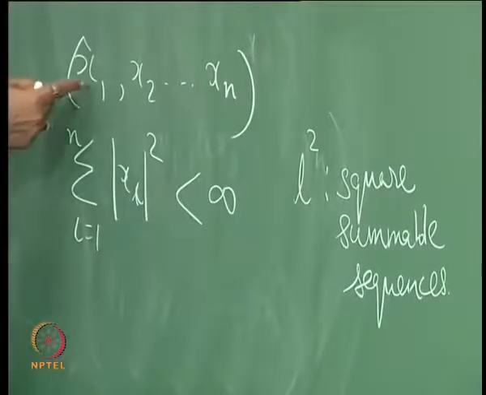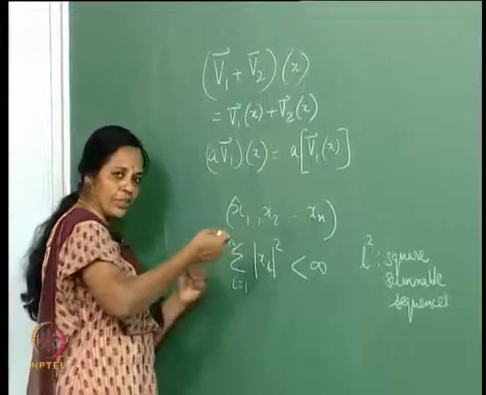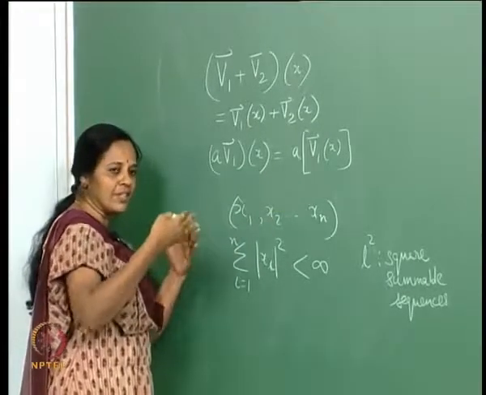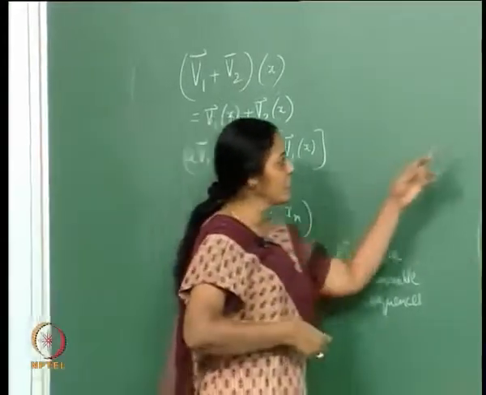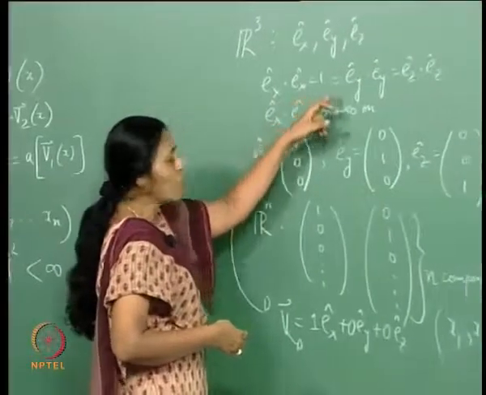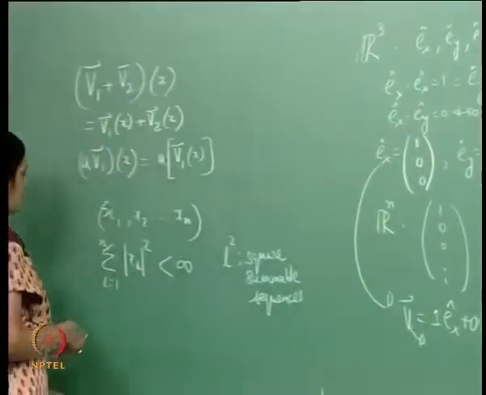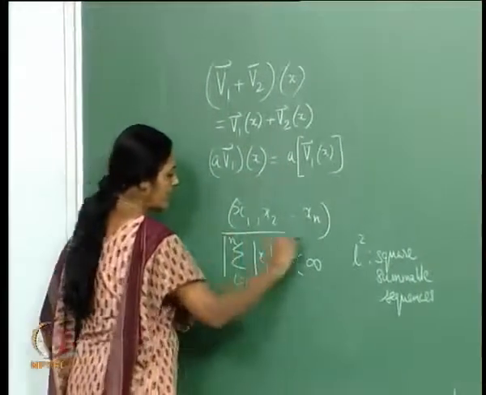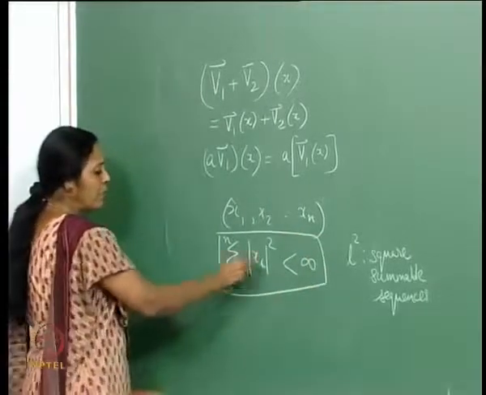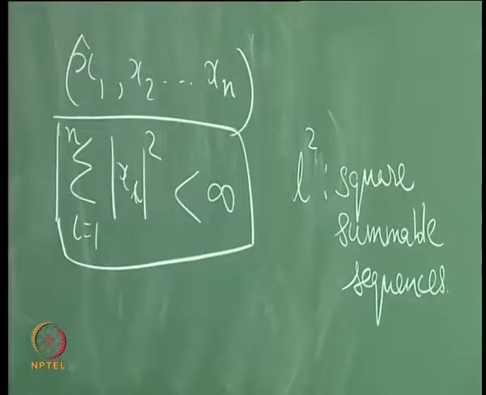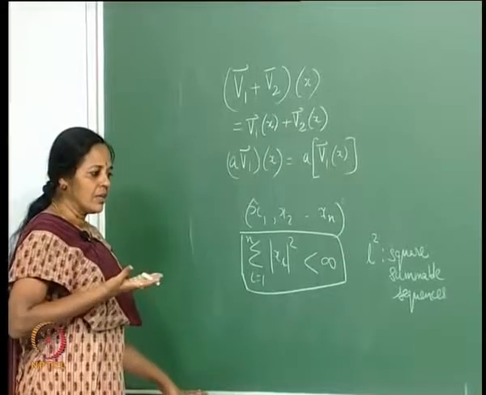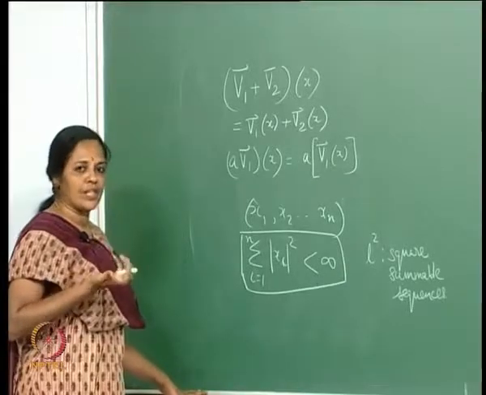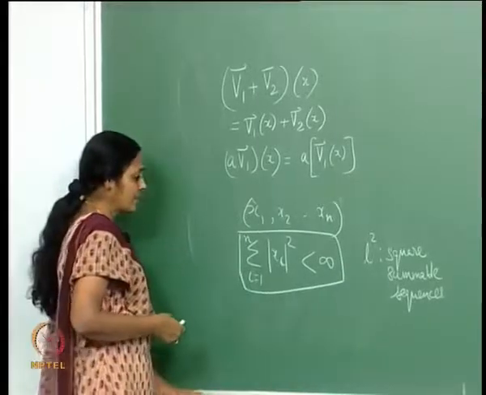As I mentioned earlier, these would be like components along various directions, if you wish, Ex, Ey, Ez, and so on. And this property becomes important when we do the probabilistic interpretation of quantum mechanics, which is a very salient aspect, a very crucial aspect of quantum physics.